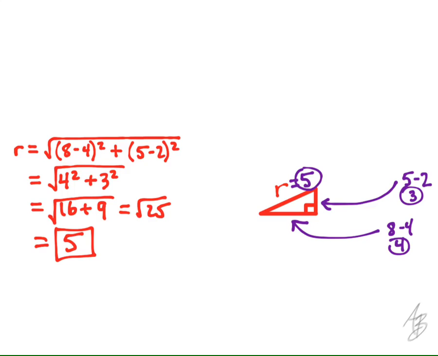And we get the same answer, don't we? So either way we do it, whether we're using the distance formula or we're using the Pythagorean theorem, we get a radius of 5.